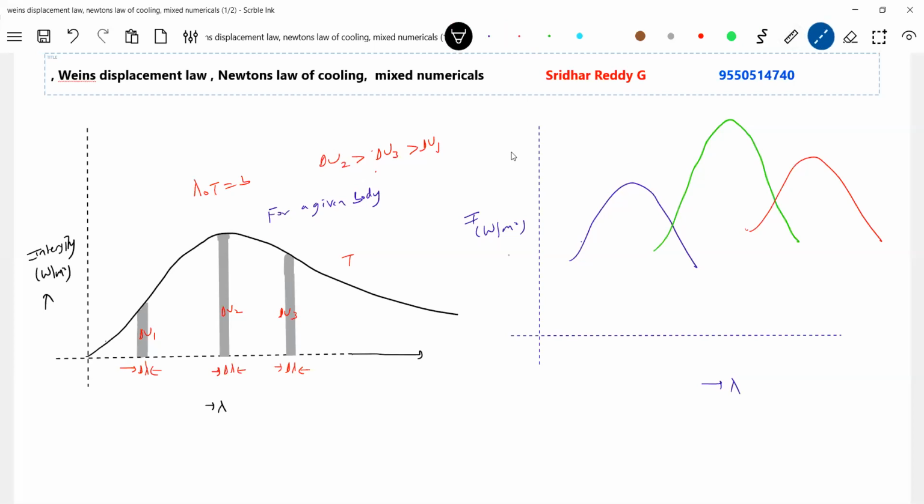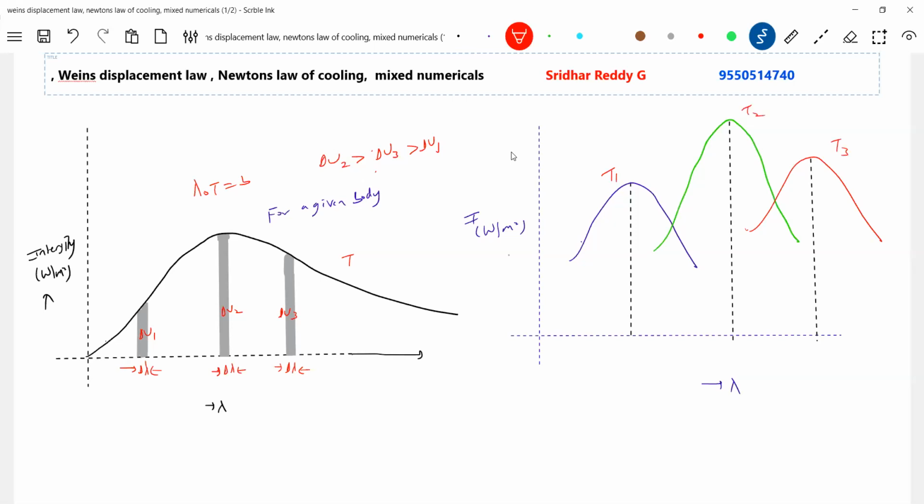The wavelength corresponding to maximum intensity is given by this one. Let the temperatures of the bodies be T1, T2, and T3.